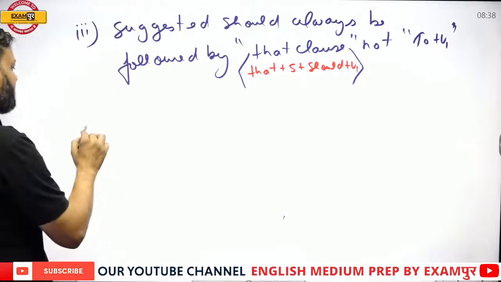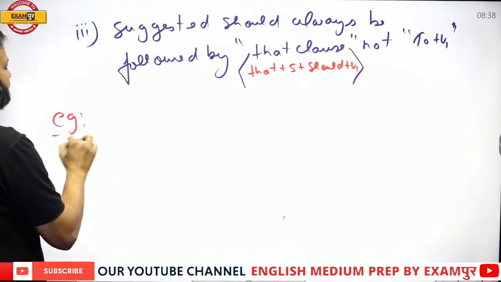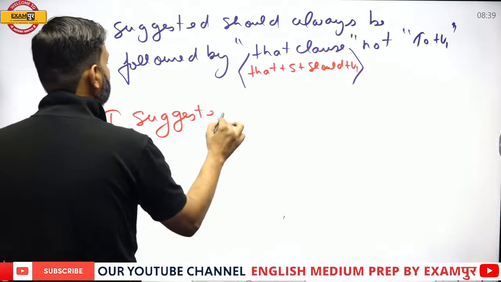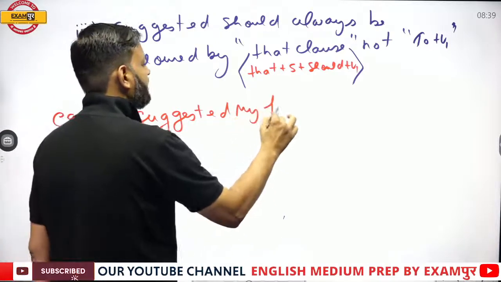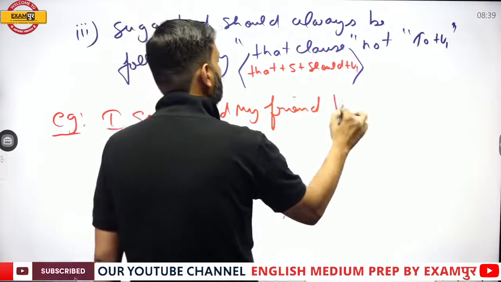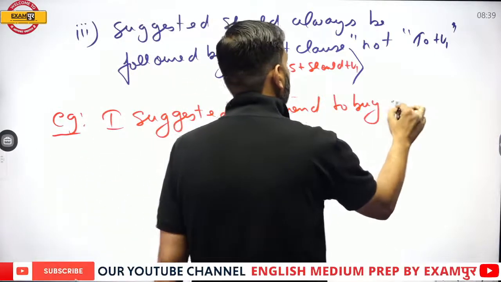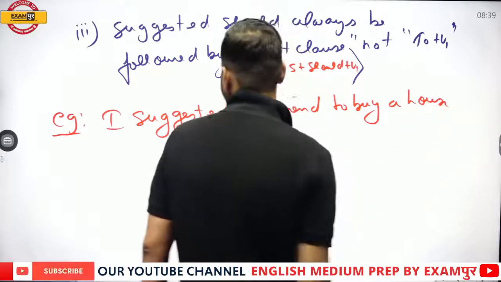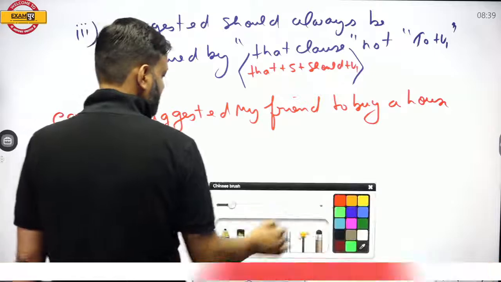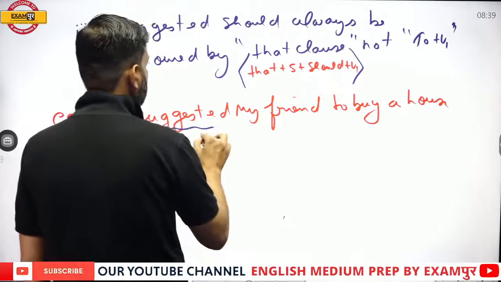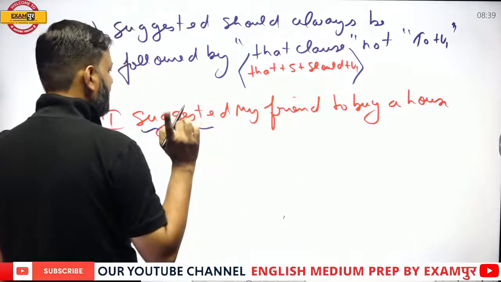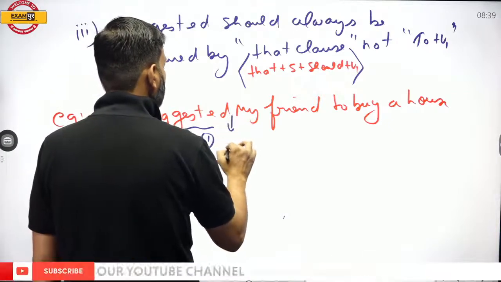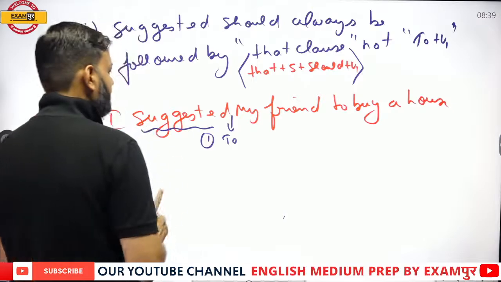So if the sentence is I suggested to my friend to buy a house, here after suggested there are two errors. One error is that after suggested we need to: suggested to my friend.